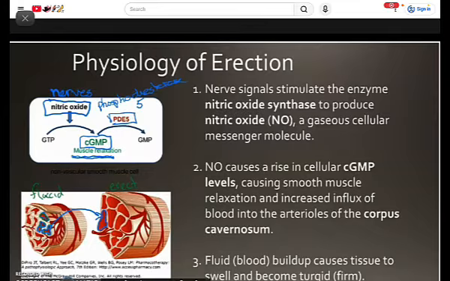So to have erection, you're going to want to have a good balance between the effects of nitric oxide and the effects of PDE5, so that as long as you have nerve stimulation continually releasing nitric oxide, you can keep your cGMP levels up.